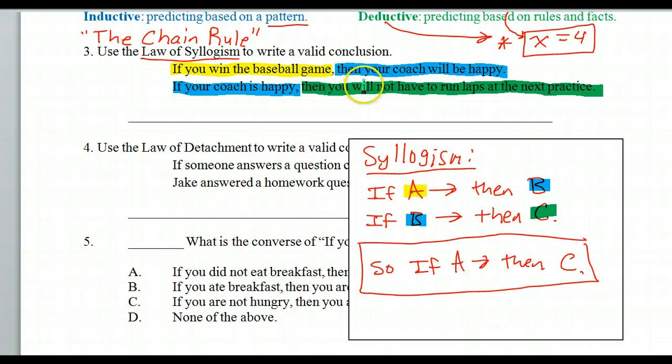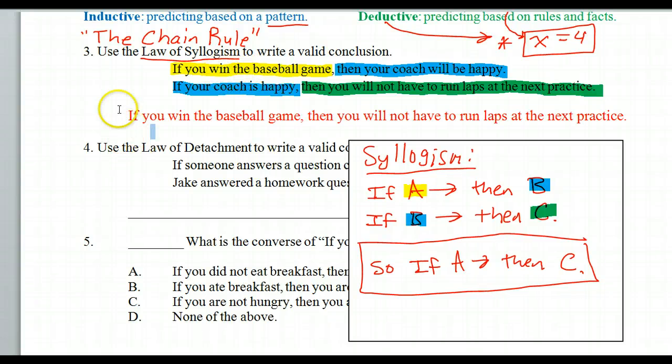If A then C, the beginning and the end of the chain, that's how you do the law of syllogism. This would be the conclusion of syllogism. Notice the conclusion of a syllogism is a conditional. It's an if-then statement.